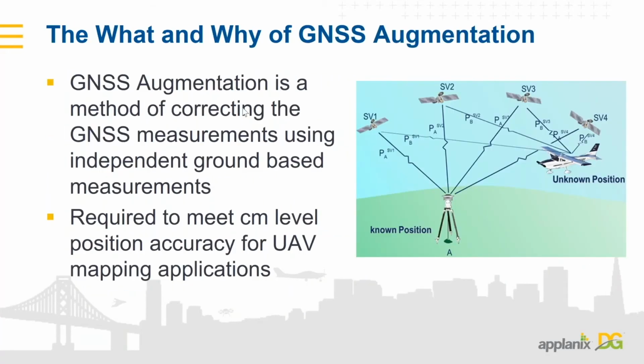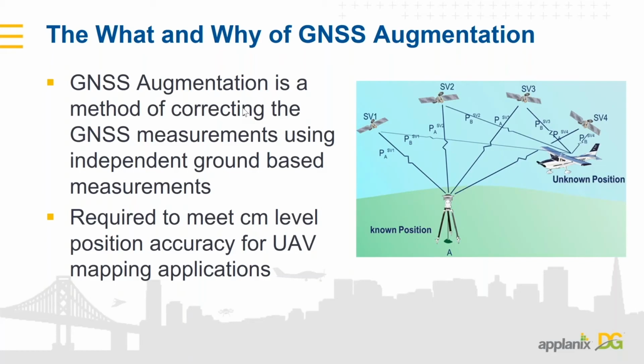Awesome. So diving directly into things, when we start to talk about direct georeferencing and how we can get an optimal solution from that, we need to really start talking about GNSS augmentation and what that really means from a mapping and survey application.